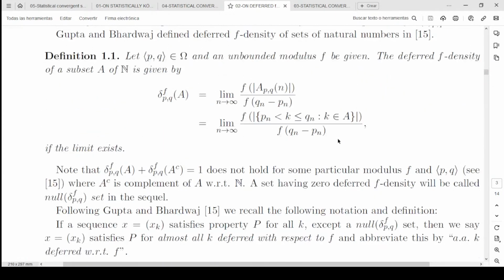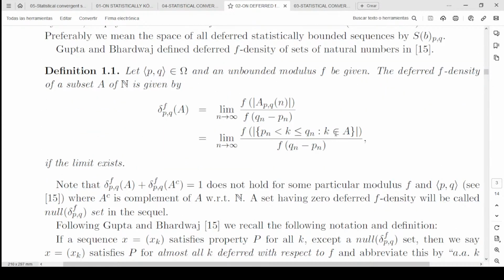Sorry. So if a subset A has this property, which says that the limit of this ratio exists, then we say that this unique number is the deferred F density of subset A.